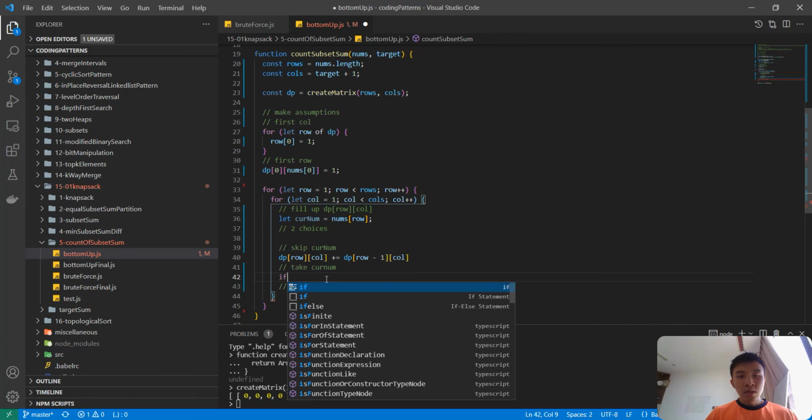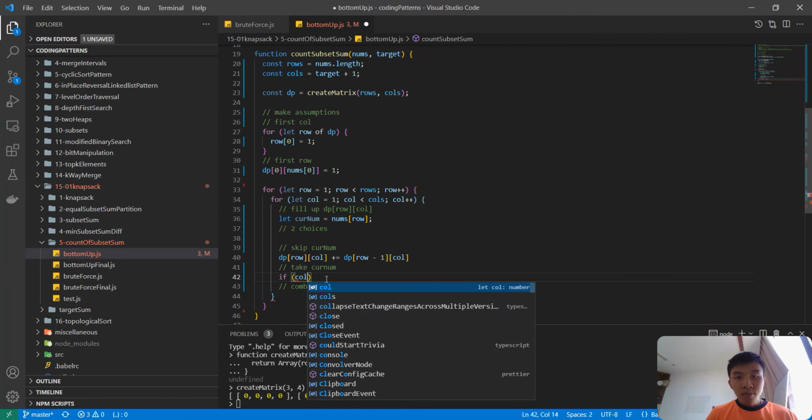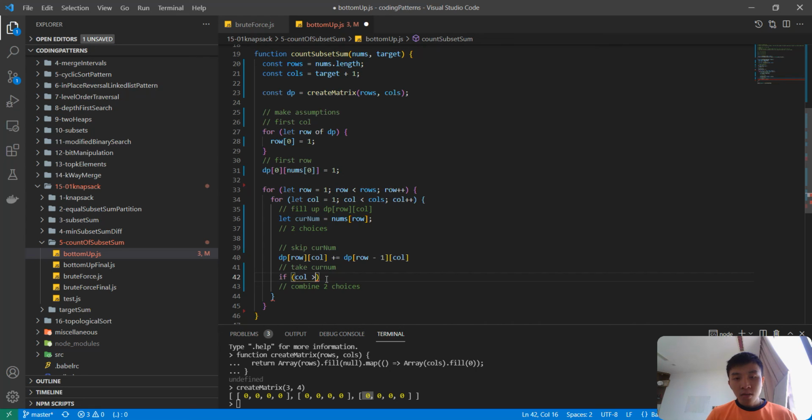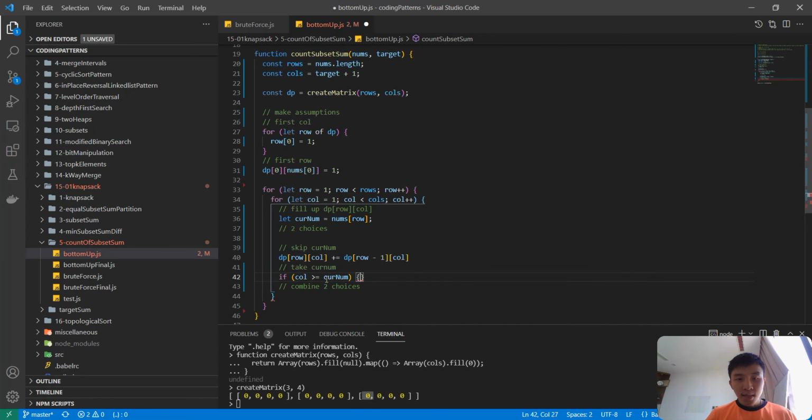Only if the column is greater than or equal to the current number, which is nums at row, then I can take this one.